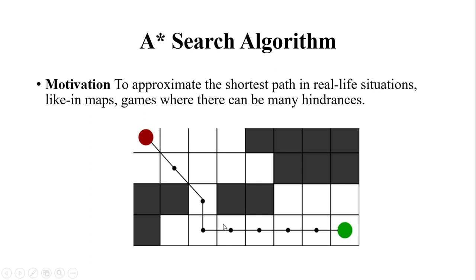The red is indicating the source cell, and green is the destination. So we take the path from the first point, second point, third point, fourth point, fifth point, sixth point, seventh point, and reach the green part, that is the destination. So this is about the A star search algorithm.